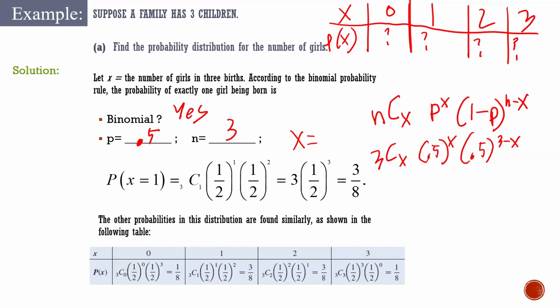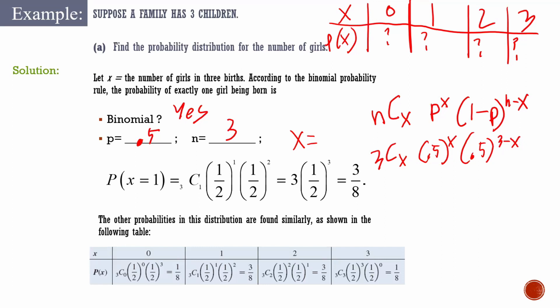This is 1/4 times 1/2, 1/8, 3/8. They're just using the formula to fill out this table. It is fairly straightforward, right? All you're doing is using this formula, which is not magical. We went through how to get this formula from the free throw example, right?